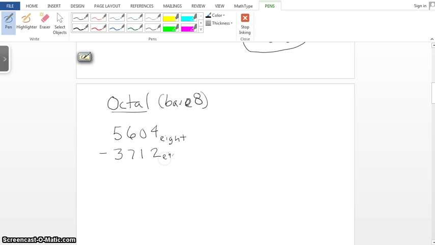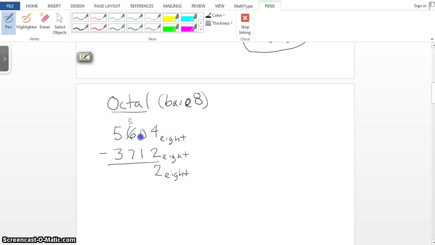Alright, this is still base 8. Okay, we are subtracting. So remember, if your bottom number is larger, then you're going to have to borrow. Okay, but we can take 4 minus 2, which is 2, even in base 8. Okay, can't take 1 from 0, so we need to borrow from the 6.